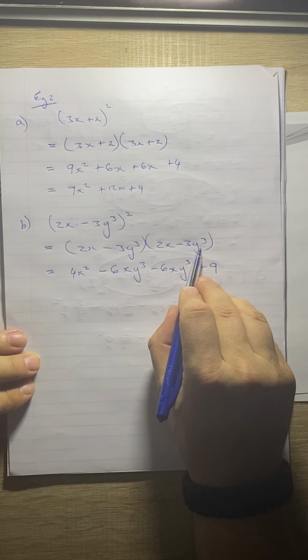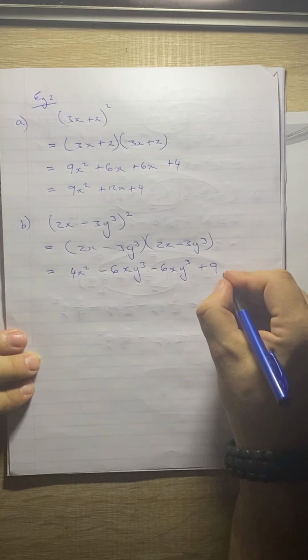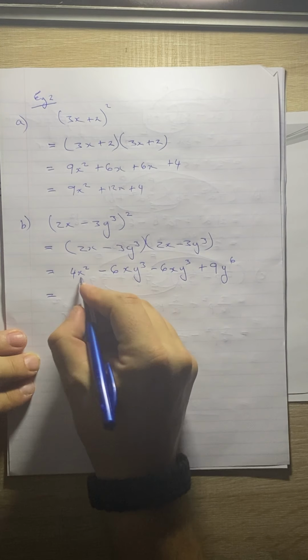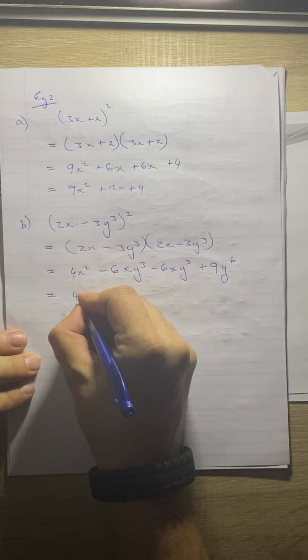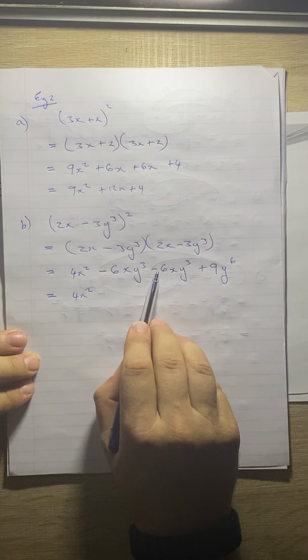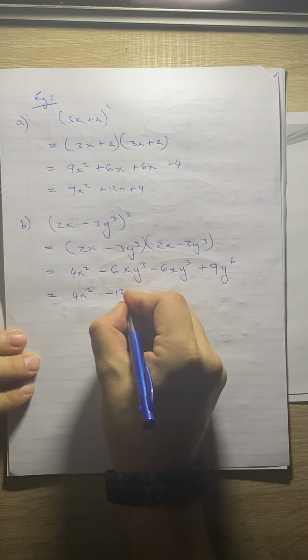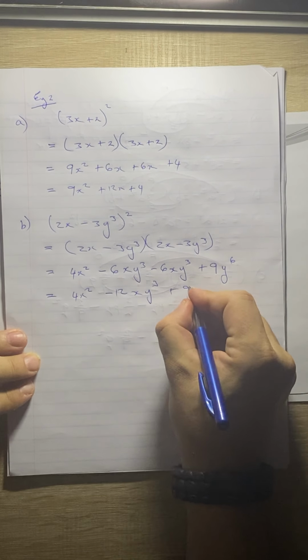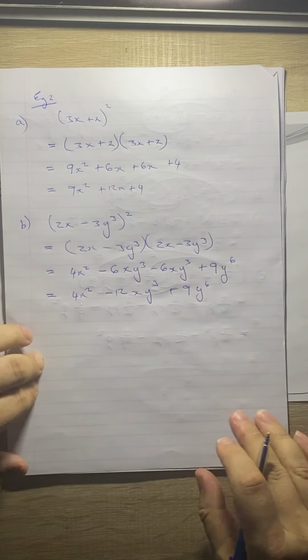Bases are the same, and we're multiplying, so we add the exponents. That's going to be y to the 6. Get like terms together. No other x squared, so it's 4x squared. We've got minus 6 xy cubed here, minus 6 of them, so that's minus 12xy cubed. And then we're left with that last term, 9y to the 6.